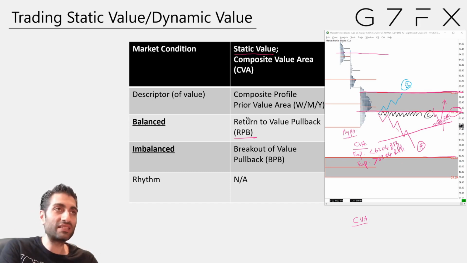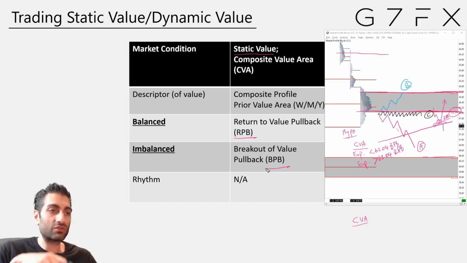This is why I like these names, because these names more describe what my expectation is for the market. When I'm describing things as imbalanced or balanced, it's market condition. When I'm describing things like this, it's my trade expectation. Can you see? This is why I developed thinking like this, because I used to just think, all right, fine, I've written imbalance down, but what's that really telling me?